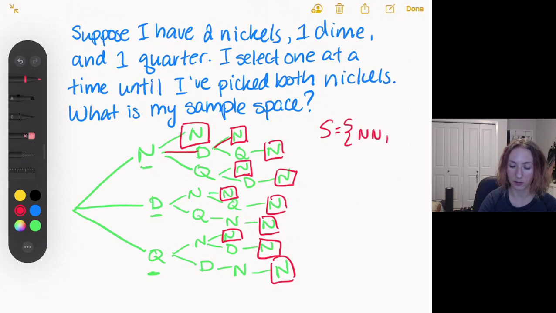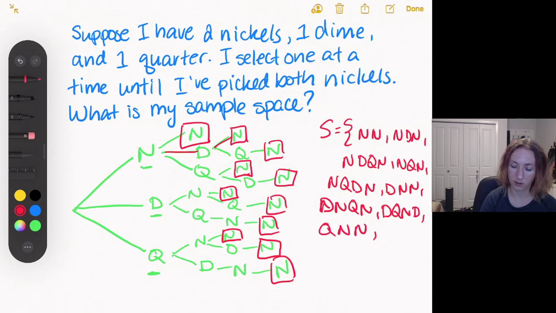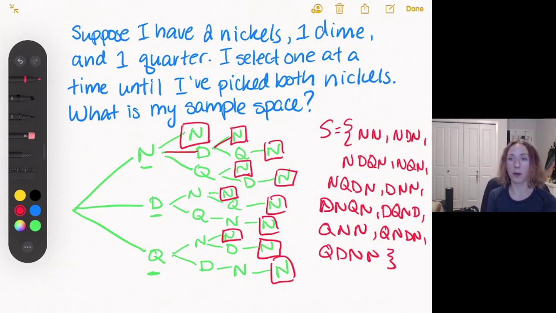So we had nickel, nickel, nickel, dime, nickel, nickel, dime, quarter, nickel, nickel, quarter, nickel, nickel, quarter, dime, nickel, dime and nickel, nickel, dime, nickel, quarter, nickel, dime, quarter, nickel, dime, quarter, nickel, nickel, quarter, nickel, dime, nickel, quarter, dime, nickel, nickel.